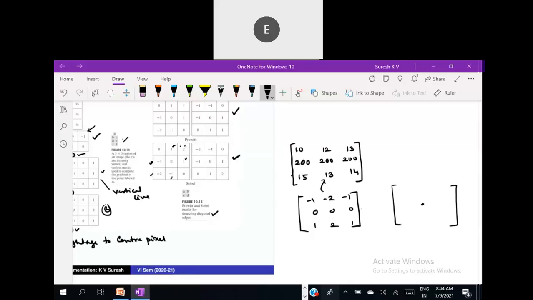That means this filter has to be applied on it. So in fact the center values, all of them are multiplied with 0. So it is something like -10, -24, -13, +15, +26, +14. What is the value you get?